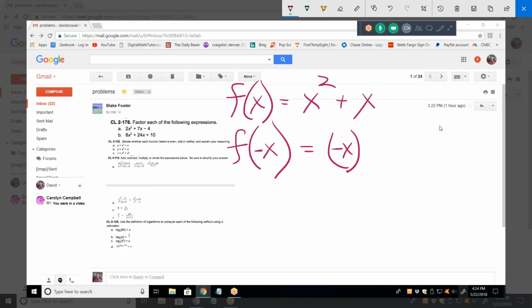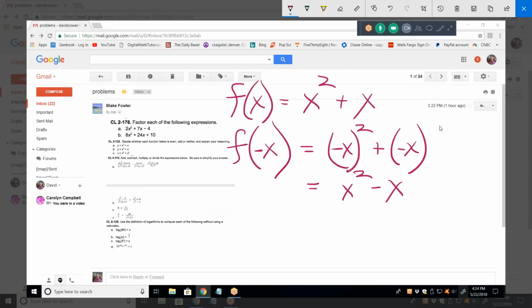It's almost safer to just do this, because it's really easy to make a mistake. So plug it in like that, and now simplify it. So then it's x squared minus x. Now, is that either f of x or minus f of x?